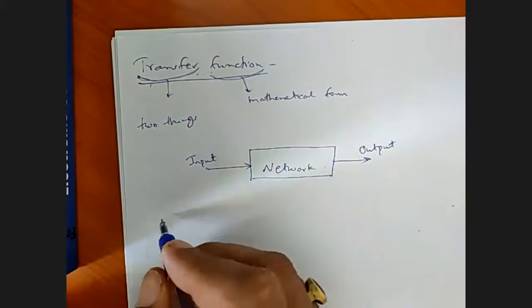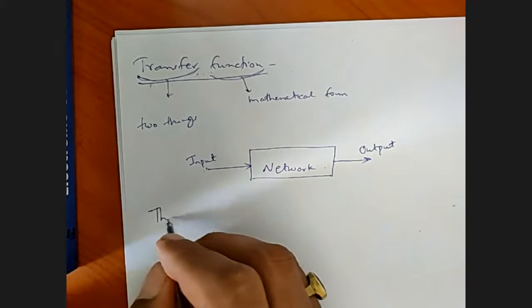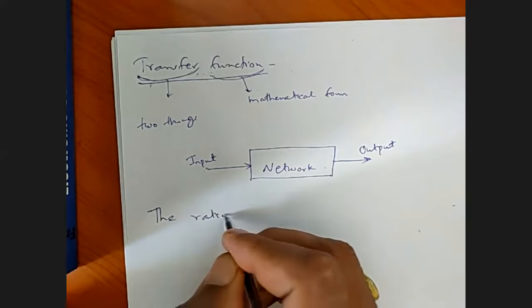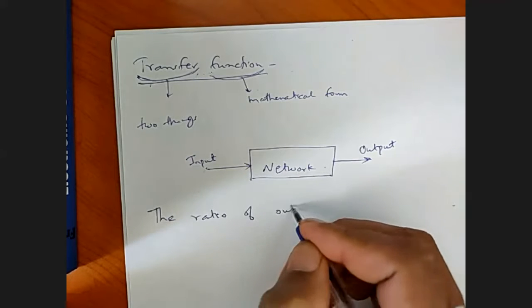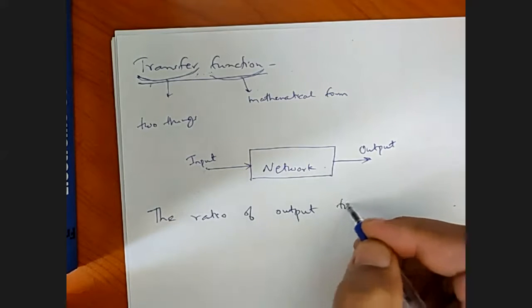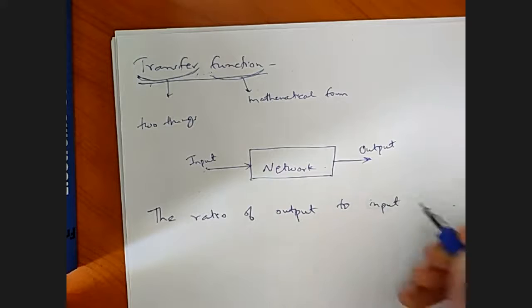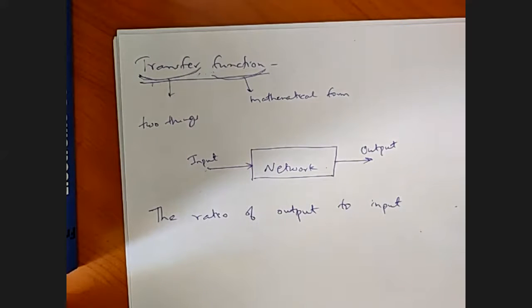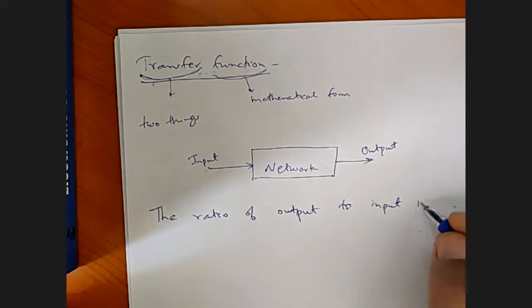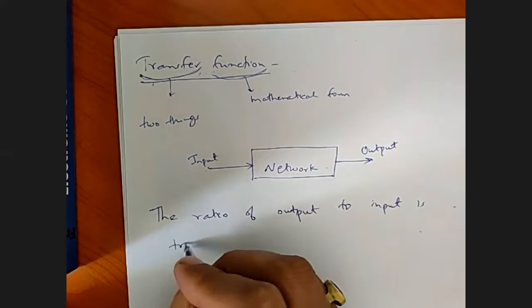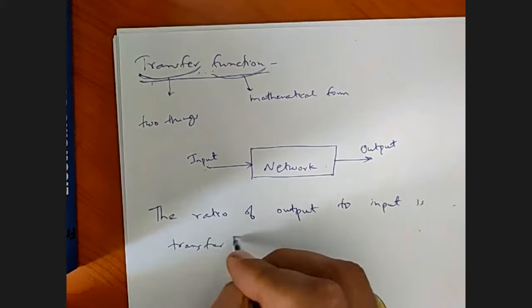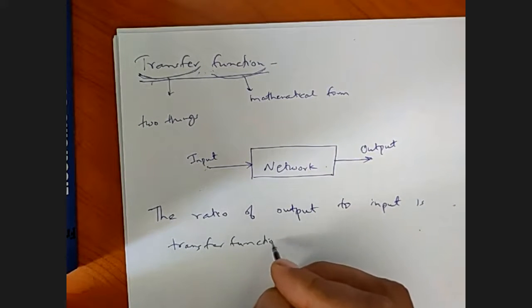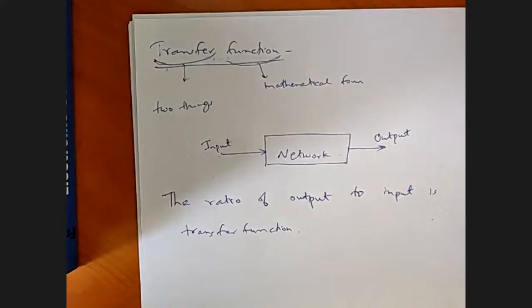So the ratio of output to input is the transfer function. Anything that represents the ratio of output to input will be known as transfer function.